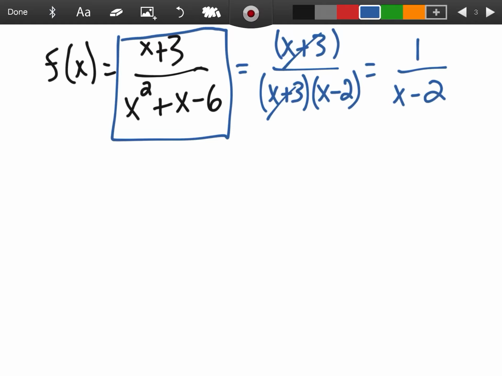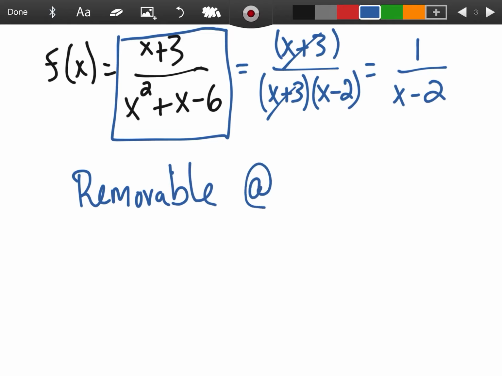It's undefined. So there's still going to be a discontinuity at x equals negative 3. It's just going to be a removable discontinuity. So we have a removable discontinuity at x equals negative 3. That's where we can cross it off.